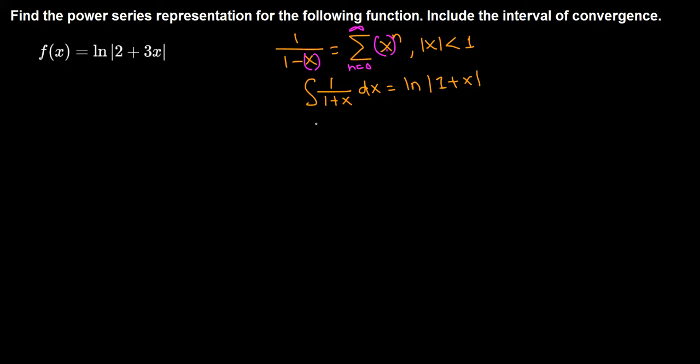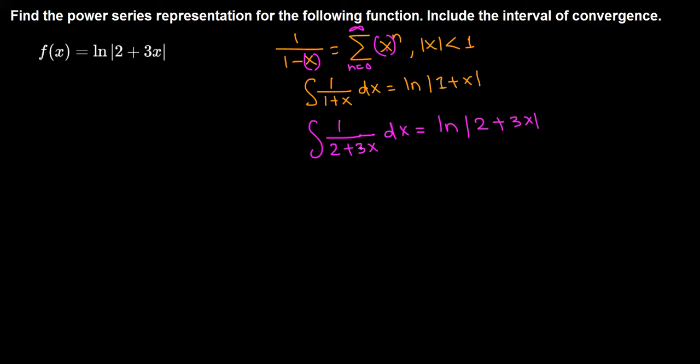So if we integrate 1 over 2 plus 3x with respect to x, now we need to do u substitution. This is our u, so 1 over u, so that will be natural log of 2 plus 3x, and from u substitution, we need to divide by this 3.